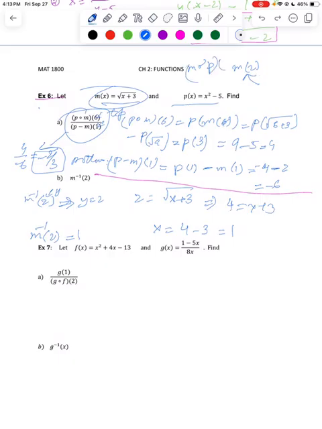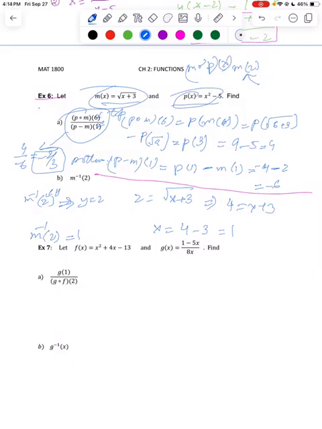Okay? And then G composed with P. Now could you find P inverse of P? No. Why? Because the P function is not 1 to 1, so we cannot have P inverse. But M is 1 to 1, so that's why we could have M inverse.